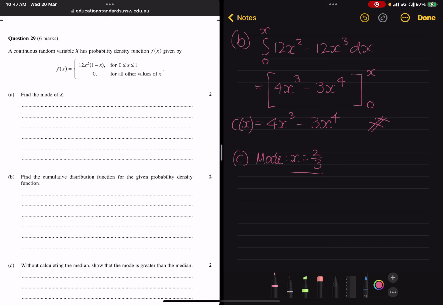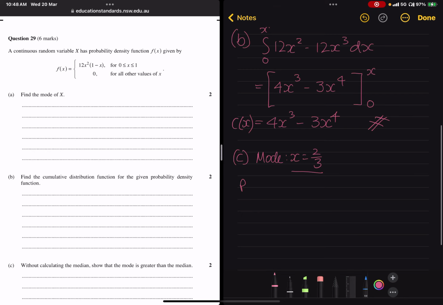If that is greater than 0.5, then the mode is greater than the median. If you plug x is 2/3 in and it gives you, let's say, 0.7, that means a lower number would be required in order to get 0.5. The number required to get 0.5 is the median. So if we plug in 2/3 and get a cumulative value greater than 0.5, the mode must be greater than the median. We can infer that straight away.